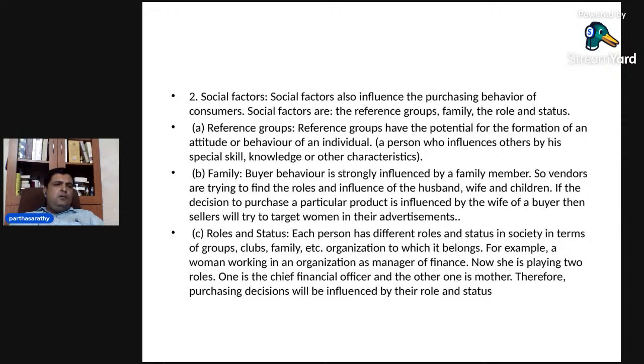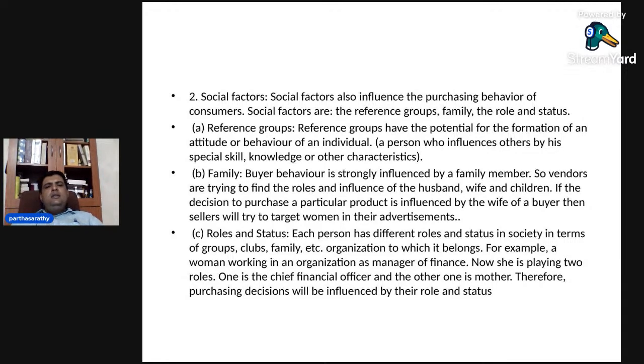So here the role of the woman or the wife in a particular house is a very important say in the buying decision. So the marketers try to attract them and try to influence them for the product.